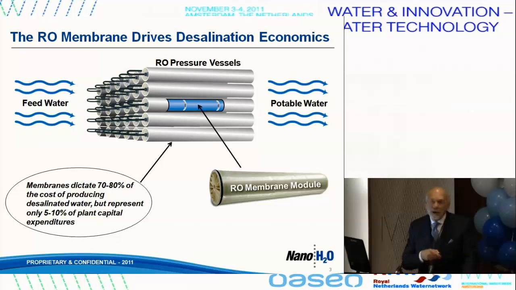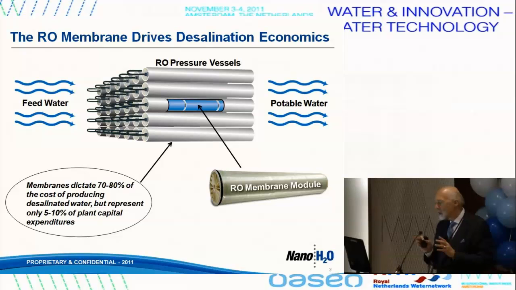But when you look at the cost, you're talking about a membrane element which is 5 to 10% of the capital cost of a plant, but it's driving 70 to 80% of the cost of producing desalinated water.